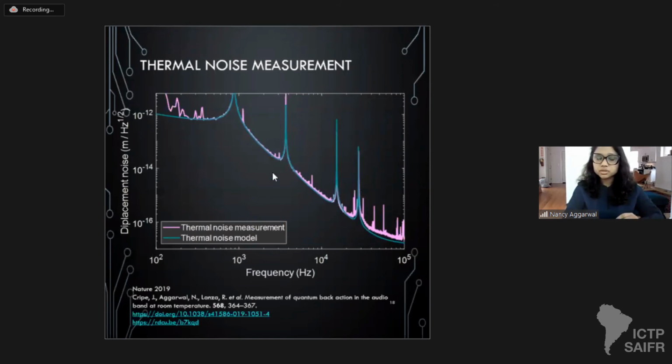And what we found is this is the thermal noise spectrum of one of the oscillators on the chip that we measured. The pink is the measurement and the teal is the theory. And in the sort of 15 or so years of history of this experiment, this is the first time that we designed something and then we measured that it was fabricated, and we measured it to be exactly on top of the design.